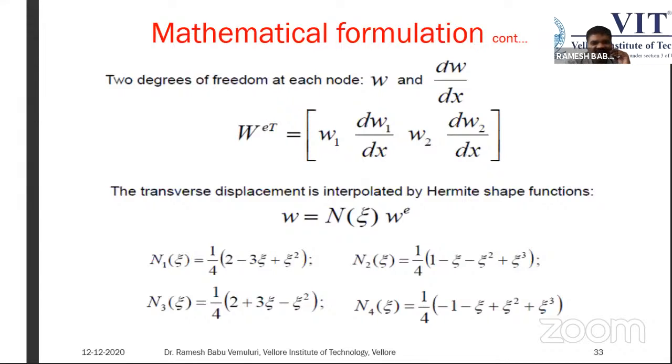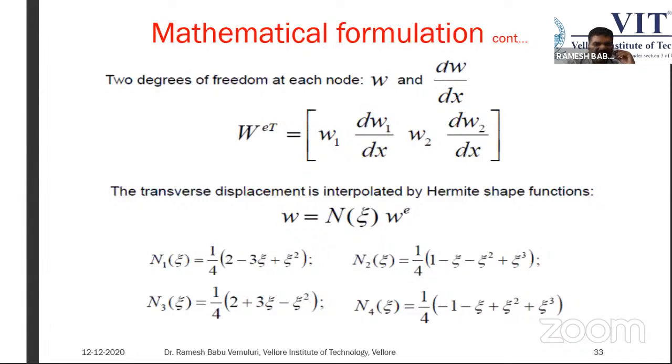The transverse displacement is interpolated by the Hermite shape functions. Here we have only zeta, because we don't have eta, as there is only the x direction.